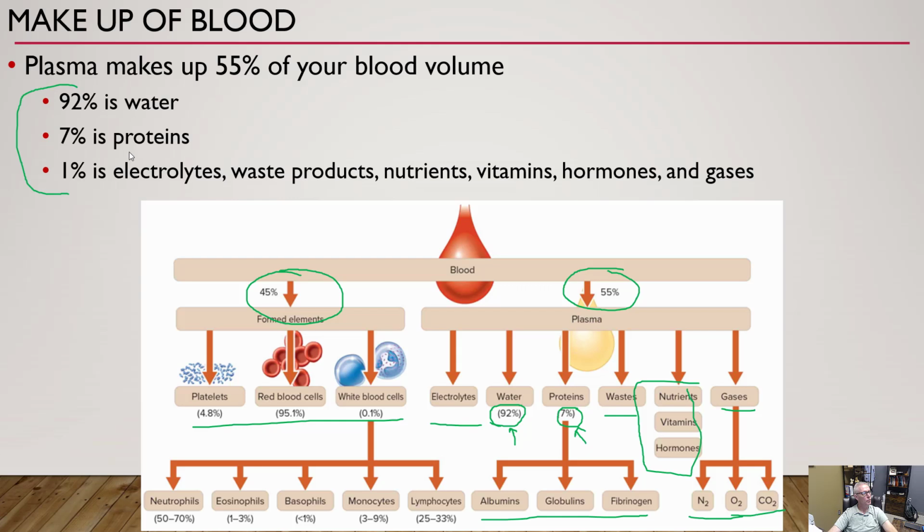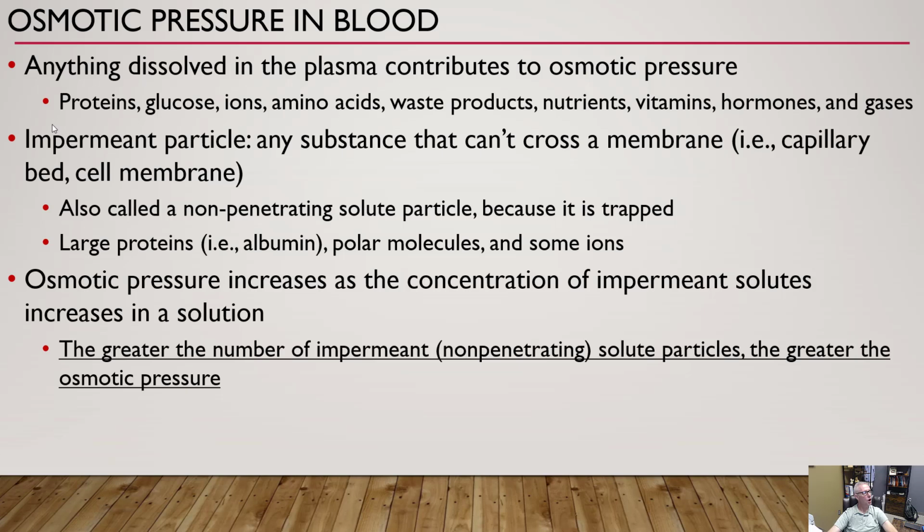Proteins are dissolved in the blood, so proteins contribute to osmotic pressure. Electrolytes are dissolved in the blood. Waste products, nutrients, vitamins, hormones, gases, all of those are dissolved in the blood. So they contribute to osmotic pressure. All of those things contribute to this thing called osmotic pressure.